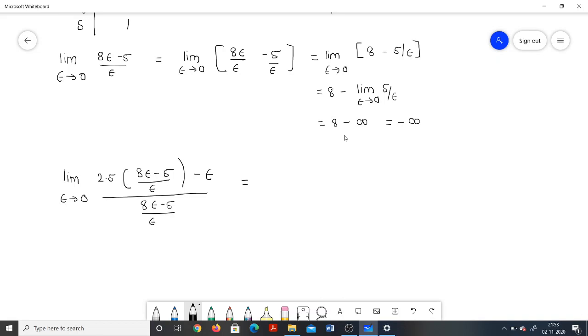So what we are going to do is that we are going to simplify it first. Okay, limit epsilon tends to 0, 2.5, 8 epsilon minus 5 epsilon square divided by 8 epsilon minus 5. Okay, so when we simplify, it comes to 2.5 minus 0. So this term is giving us 2.5.